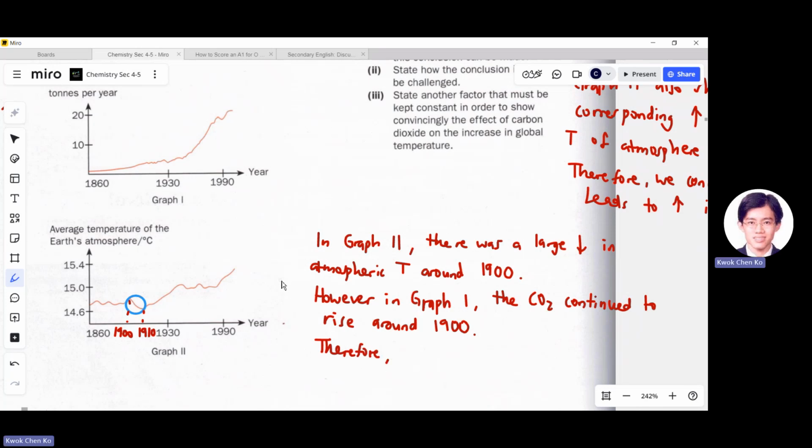Now, you may think that it's a bit redundant, but if you have the time, unless you're short of time, it's good to be very clear about your statements.